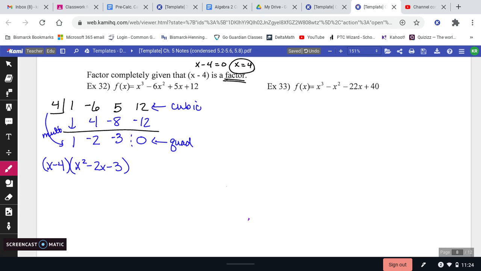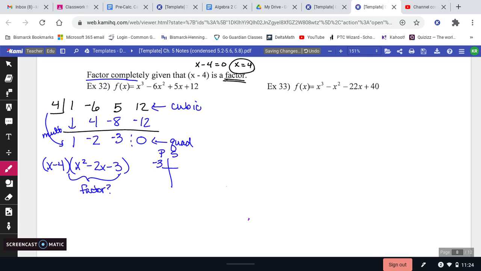Okay, so now we're asked to factor completely. So the question is, will this quadratic, can I factor this more? Okay, if you go back, we've done a lot of factoring this year, but if I'm going to factor a quadratic, most likely place I'm going to start is my product sum table.